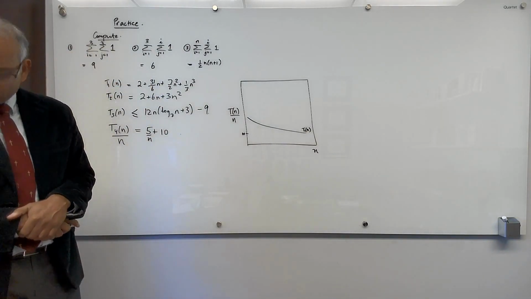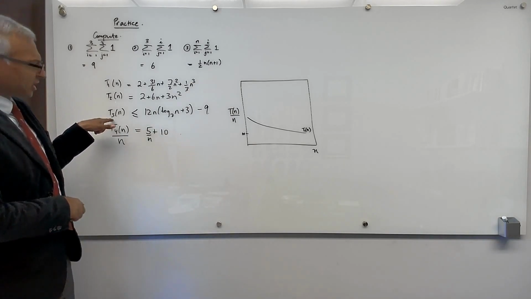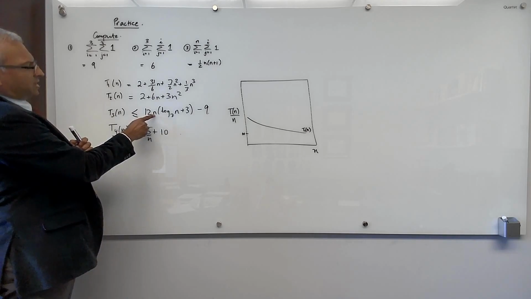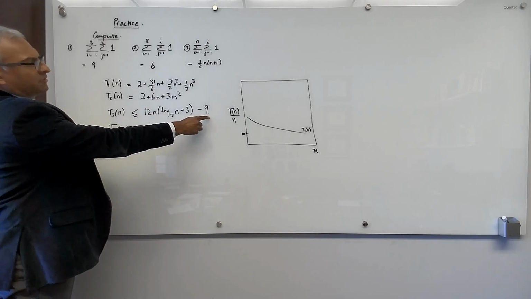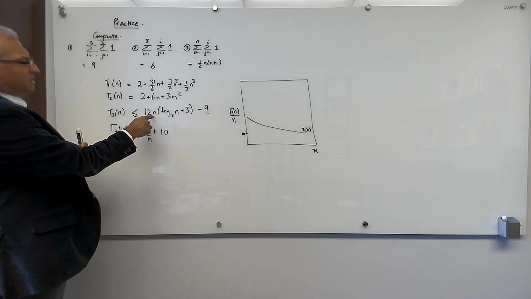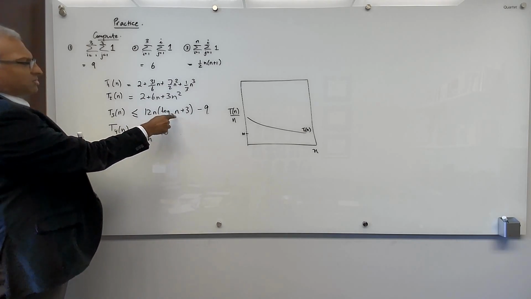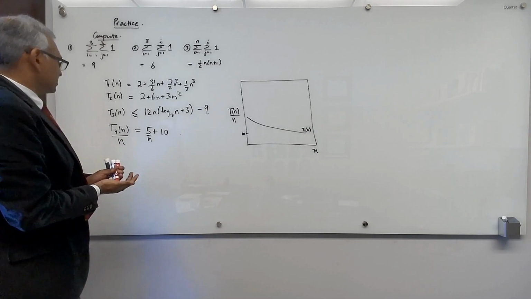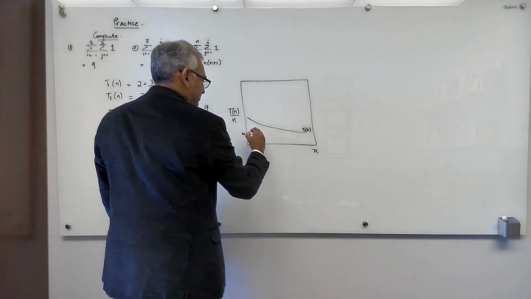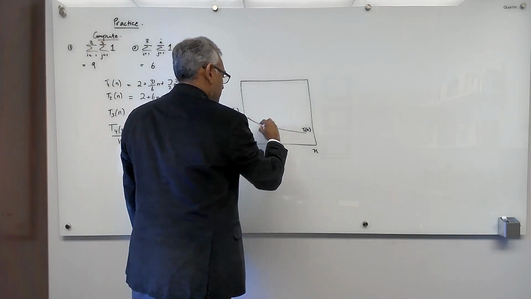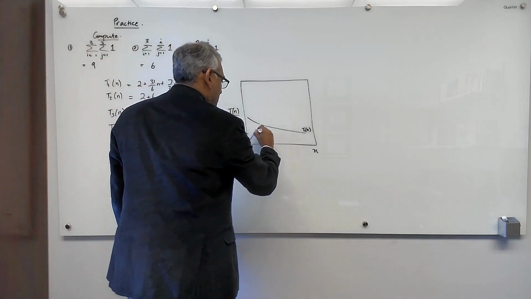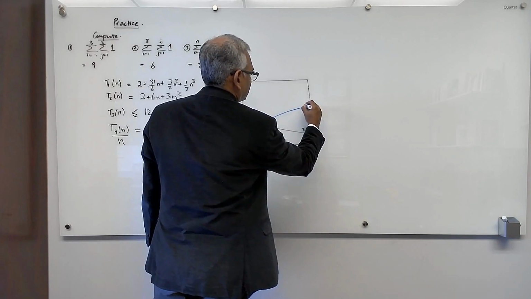And if we plot T3 of n divided by n, the n disappears. You have basically 12 times log base 2 of n plus some constants. If you plot T3 of n, it's going to look something like this. It's going to start here. I don't have a working red, so let's try working blue. So this is something like T3 of n.